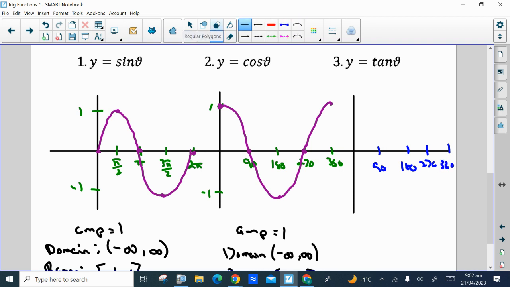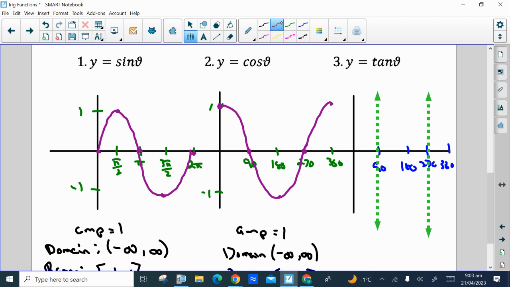The first asymptote was at 90 degrees because the tangent of 90 didn't exist, it's undefined. Same thing at 270 degrees. The tan of 270 doesn't exist, it's undefined. This graph does go through 0, 0. And this is what it looks like.